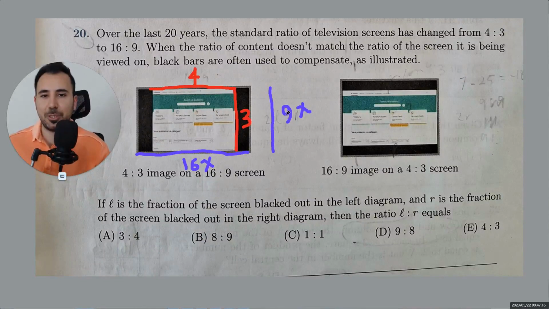So 3 equals 9x, so x is 1/3. If x is 1/3, then this would be 16/3. So all of this from here is 16/3.